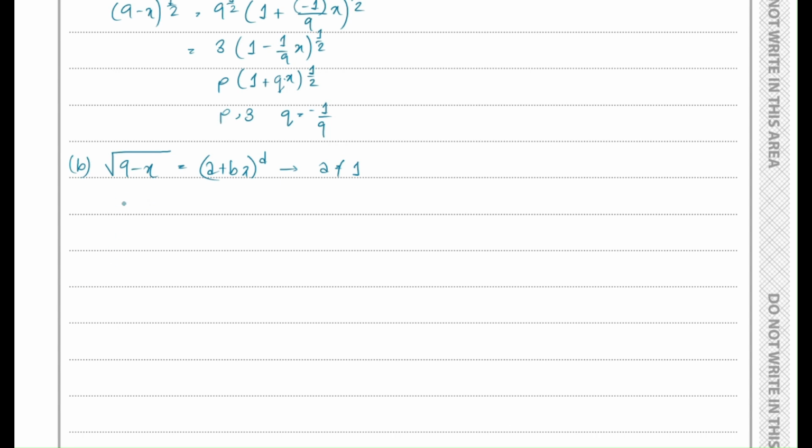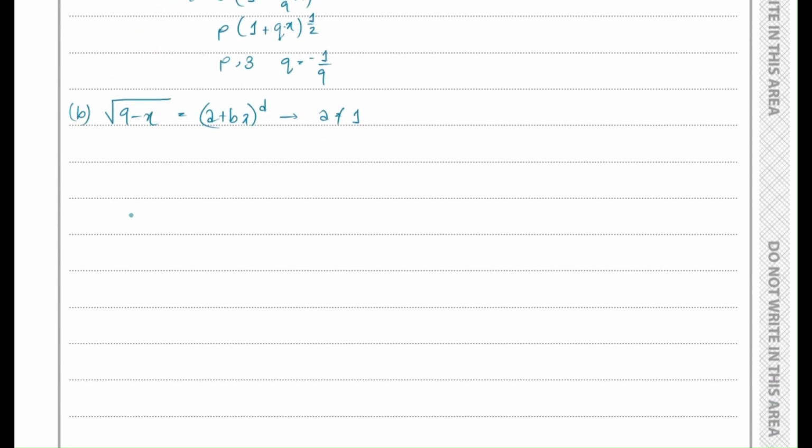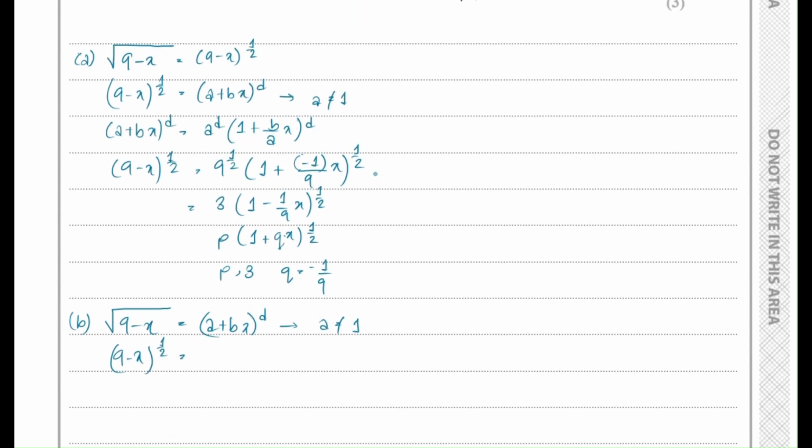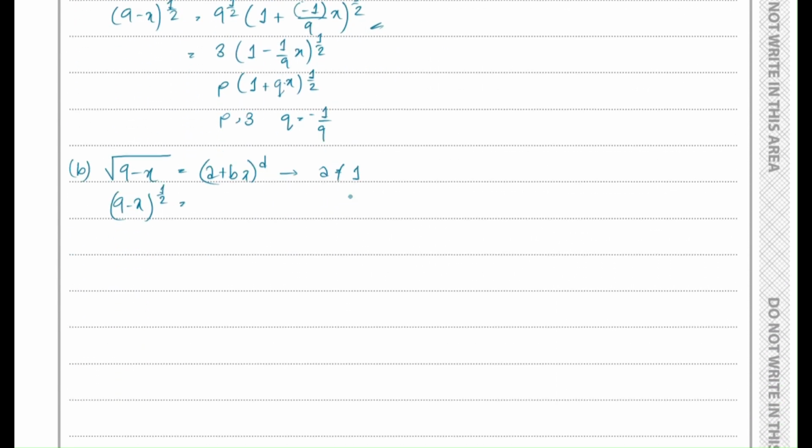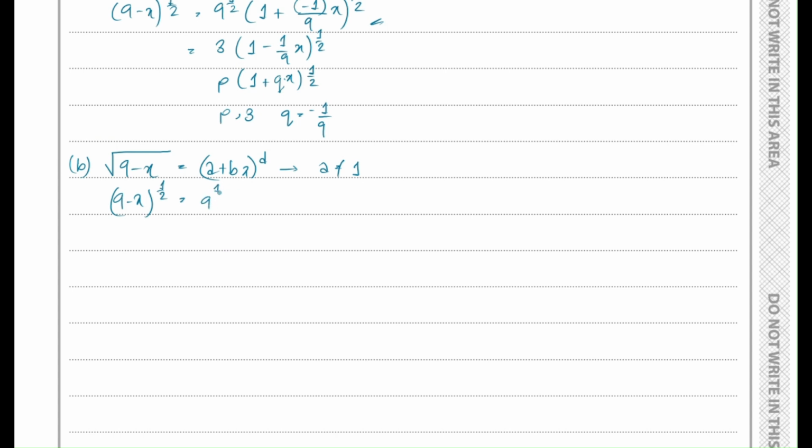So at first, from part A, we got that (9 - x)^(1/2) is equal to 9^(1/2) times (1 - (1/9)x)^(1/2). This would be better to understand actually.